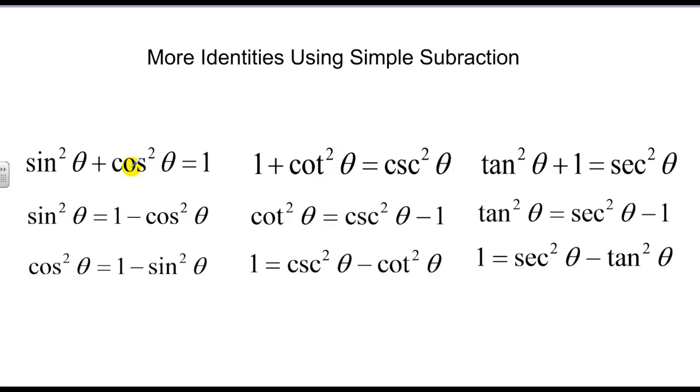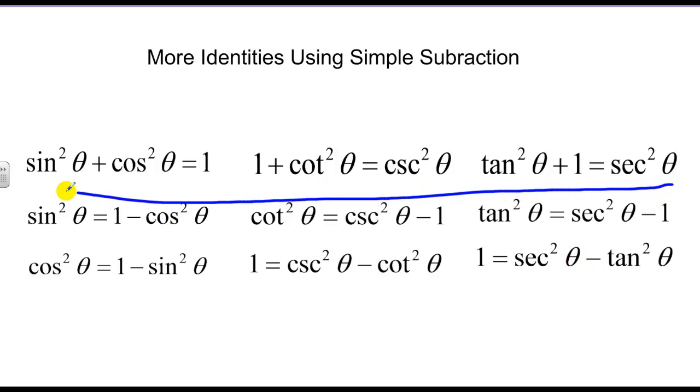There's a true relationship. Likewise, if I subtract sine squared from the other side, I get 1 minus sine squared equals cosine squared. You just need to start recognizing the base form of the 3 identities known as the Pythagorean identities here. Alright, so let's move on.